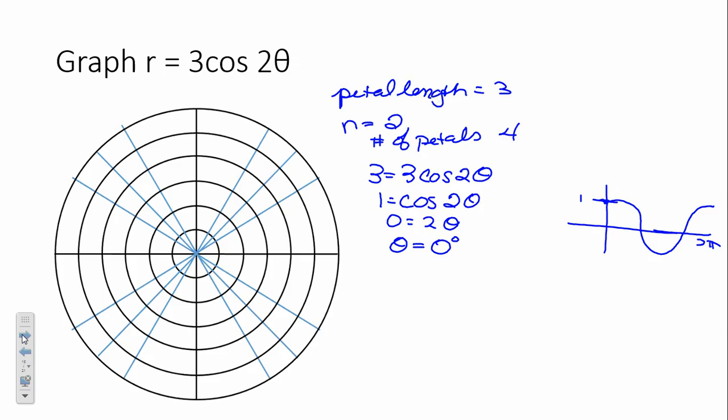All right, so we're ready to go. We got a petal length of 3, right? So we pull out 3, and we'll have one petal that looks like this. Now, we need to figure out how far we need to rotate. So 360 divided by the number of petals. How many petals are we going to have? 4. 360 divided by 4, 90 degrees. So we'll have another petal here at 90 degrees.